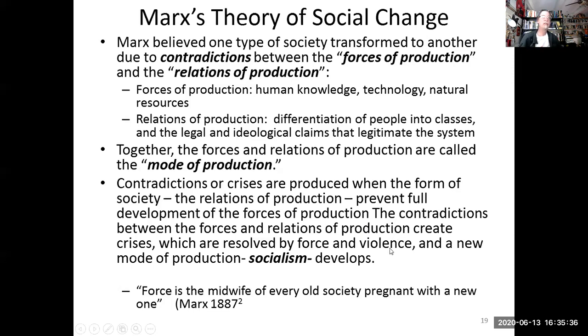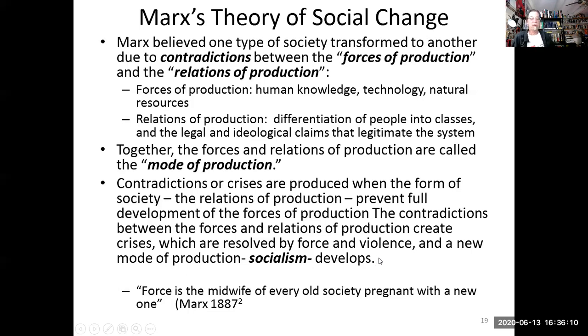So anyway, now Marx believed that capitalism would give way to socialism as a result of another contradiction between the forces of production. And in this case, that is because workers are not paid enough to purchase everything that's produced, because a portion of the value is taken from them by the capitalist, and that is where profit comes from.